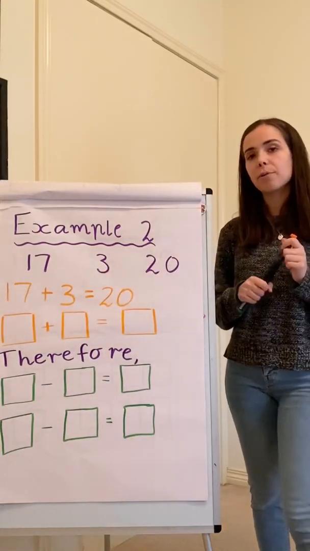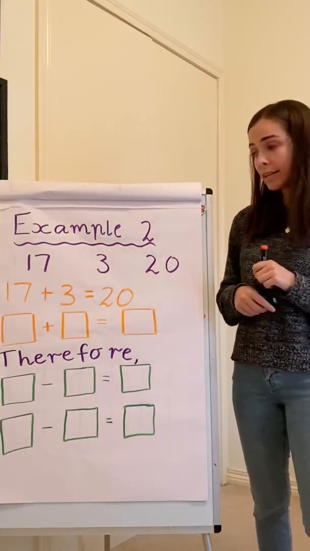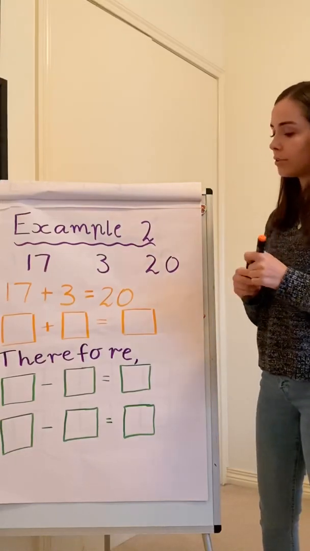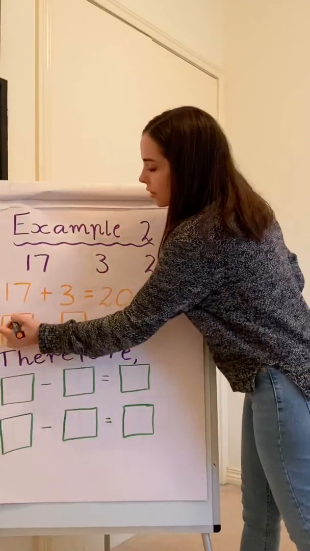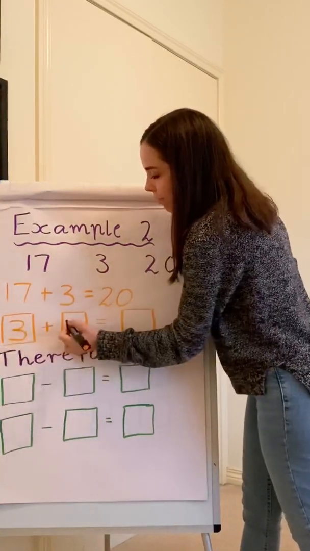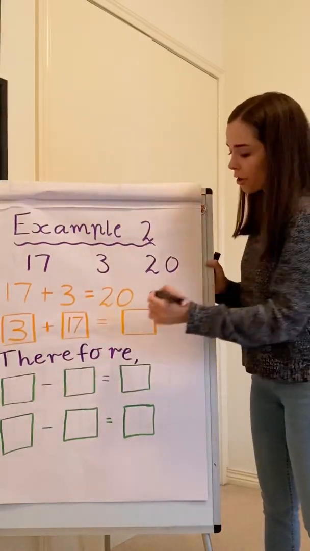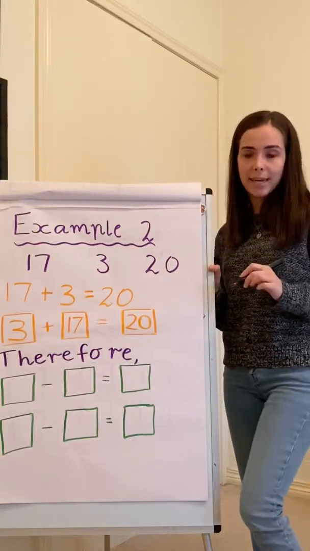What can I do to them that'll still give me the same total answer? I can't leave them the same. So what am I going to do? I'm going to change them around. So I can have 3 plus 17 also gives me the same total number at the end.